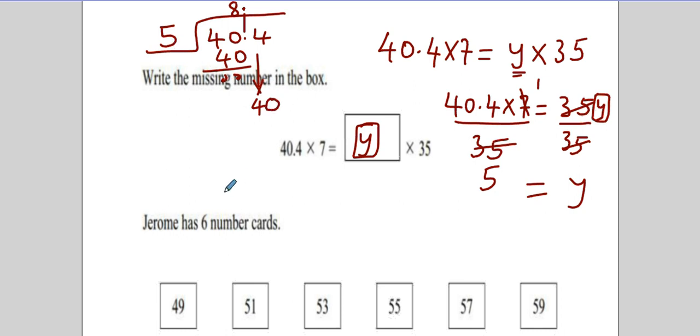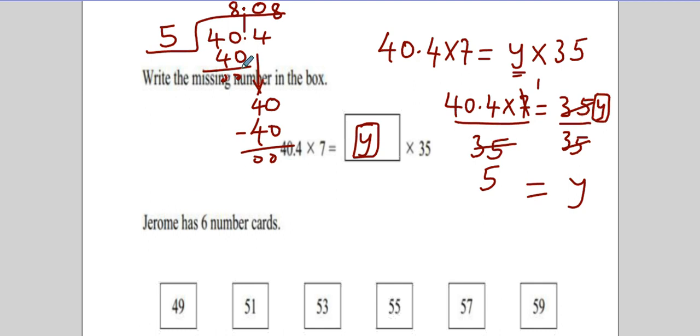So just add a 0, and then 40 divided by 5, that is 8. 8 times 5, that is 40. Subtract, the remaining is 0.